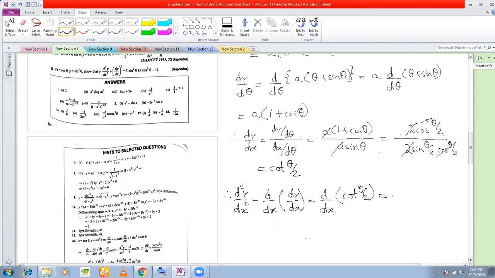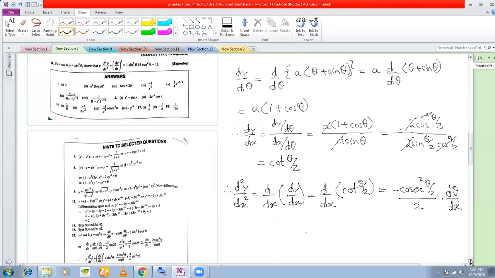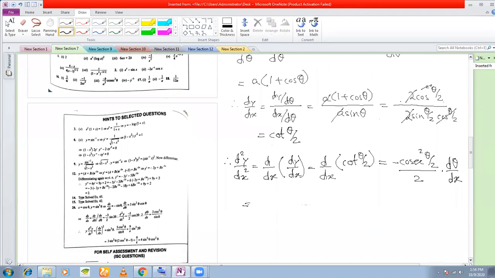You differentiate cot theta by 2, you get minus cosec square theta by 2 into d theta of theta by 2, which is half, into d theta dx. So you get minus cosec square theta by 2 into 1 by dx d theta. And how much is dx d theta?